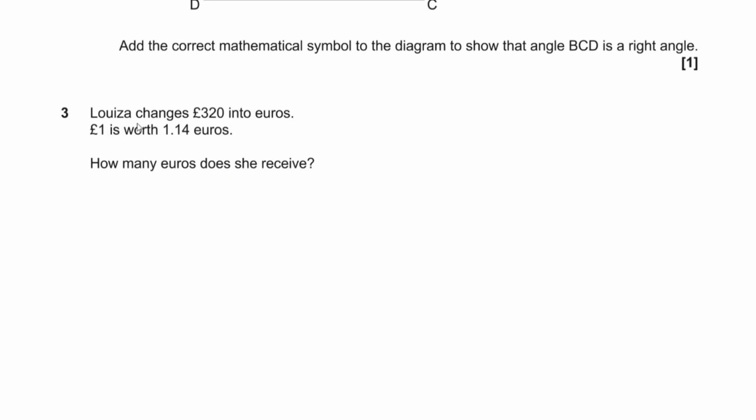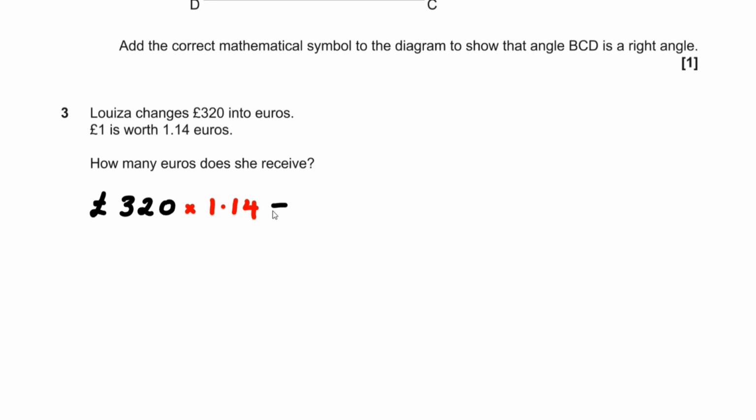Question number 3. Louisa changes £320 into euros. £1 is worth 1.14 euros. How many euros does she receive? So to go from the pounds to the euros, we would have to multiply by 1.14. So we have 320, and what we are required to do is multiply this by 1.14.